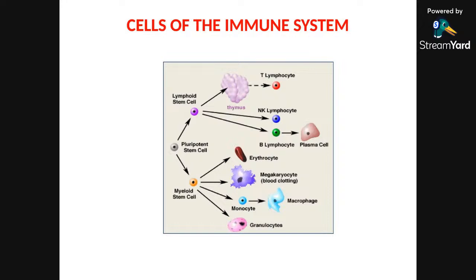Some viral particles have a capsid made of oligopeptides on the surface, which is recognized by the mast cells, and then they produce mucus inside the respiratory system. Like that, all these cells, lymphocytes, natural killer cells, B cells, monocytes, macrophages, granulocytes and mast cells, are protecting against the particular pathogens.